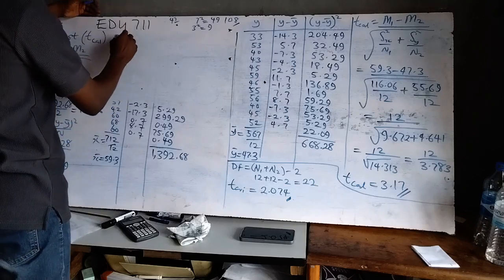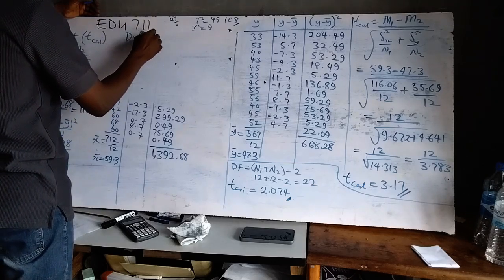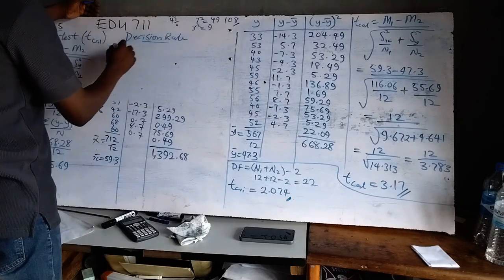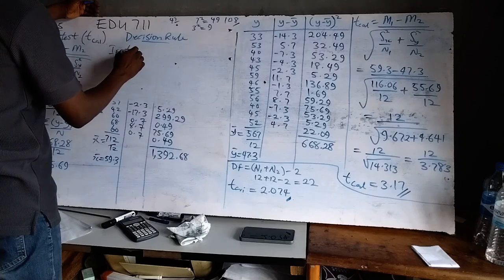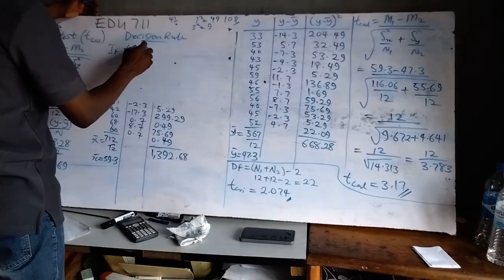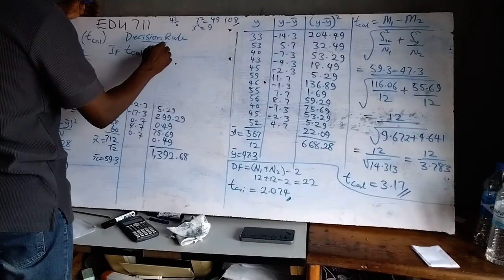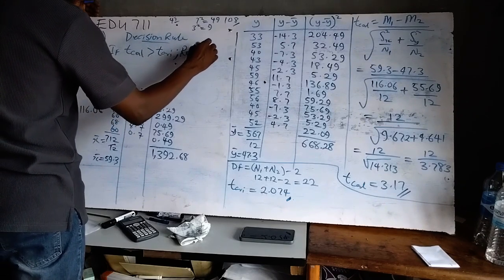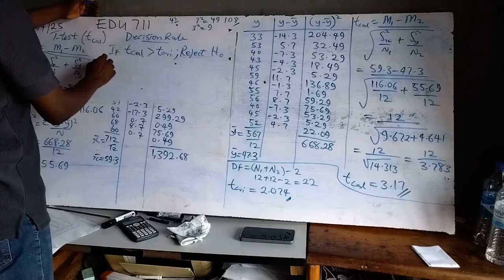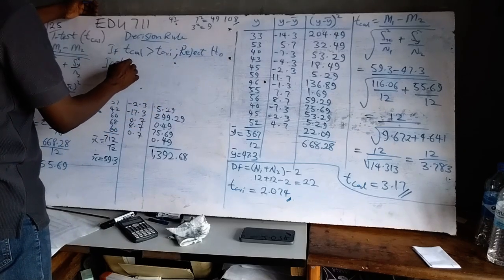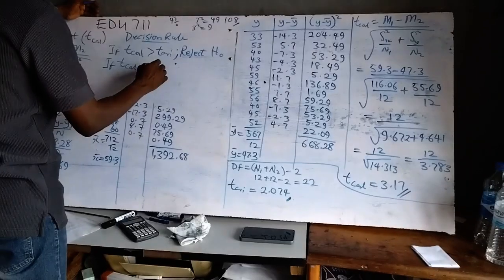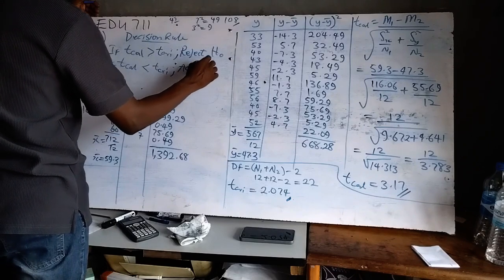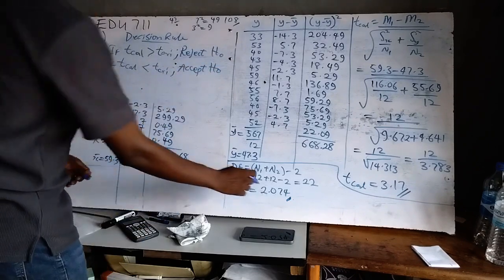So the decision rule is that if T cal, that's the one we calculated, is greater than T critical, reject the null hypothesis H naught. But if T cal is less than T critical, accept the null hypothesis.